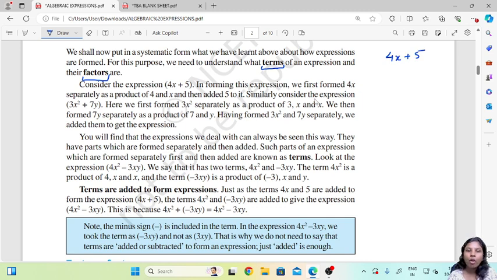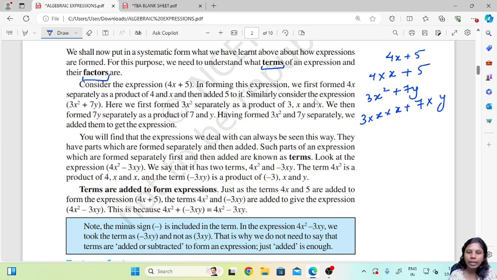Now in forming this expression, first what we have formed is 4x, so 4 into x, and then we added 5 to it. Similarly, say you have 3x square plus 7y. In this case we did 3 into x square plus 7 into y. So this gave us 3x square plus 7y.